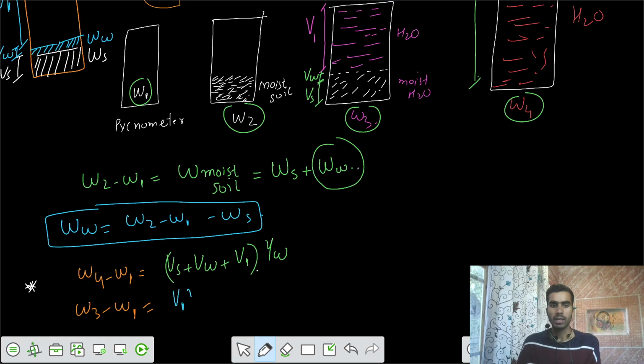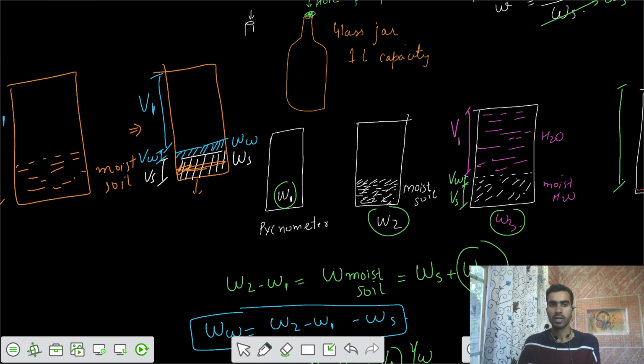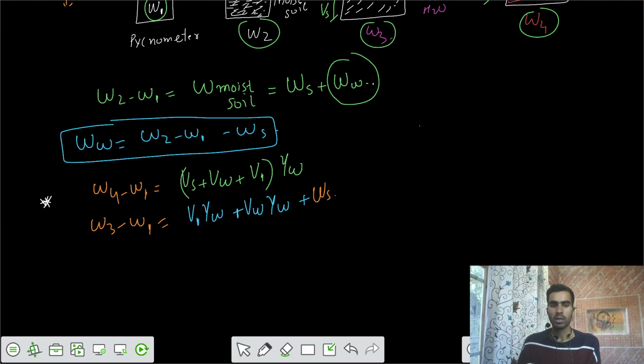So W3 minus W1 is V1 times gamma W, plus volume of water times gamma W, plus volume of solids times gamma solids, so we can directly write that this part is the weight of solids. If I make the phase diagram, this is our phase diagram for understanding.